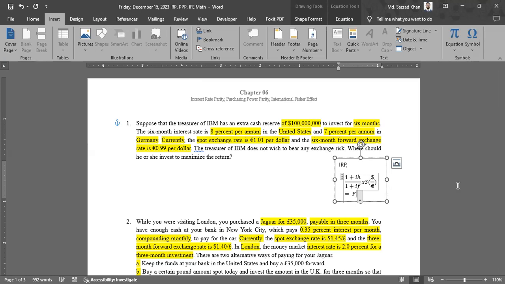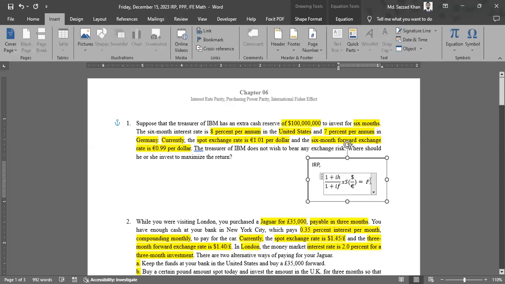This gives us a forward rate, isn't it? This forward rate, in this form, is the efficient forward rate for IRP to hold. So this forward rate should be equal to the market's available forward rate.